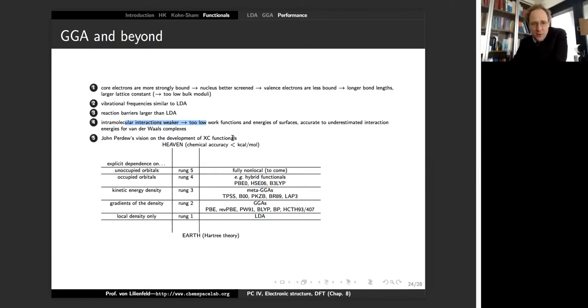Now, John Perdew, who's one of the fathers of these functionals, is a professor in New Orleans at Tulane University. He proposed a hierarchy for these functionals, and they are shown here. There's a heaven of chemical accuracy, right? So this would mean your prediction errors are on the order of the experimental uncertainties.